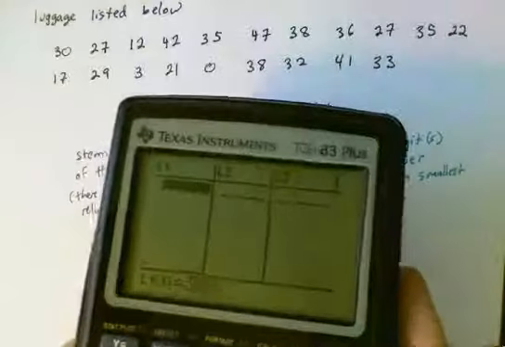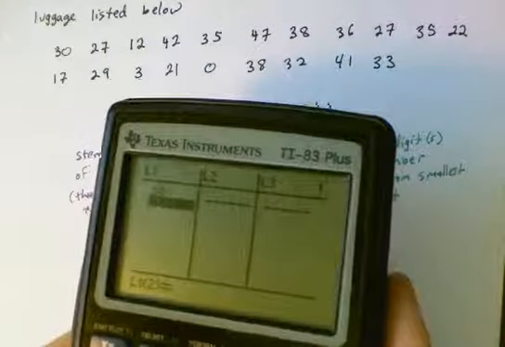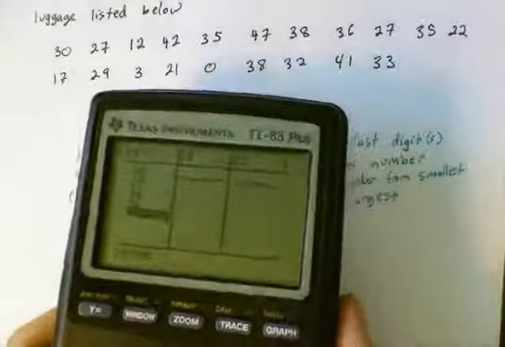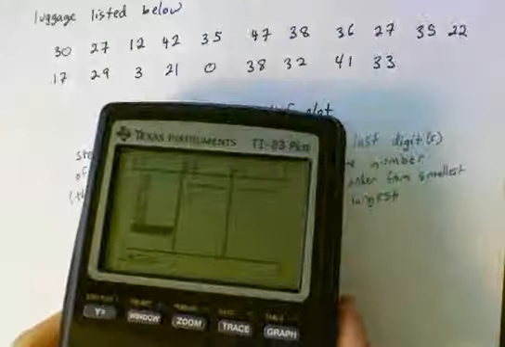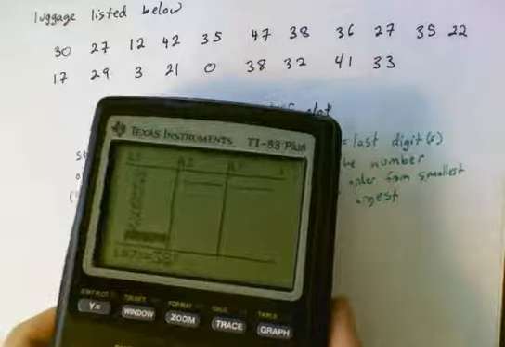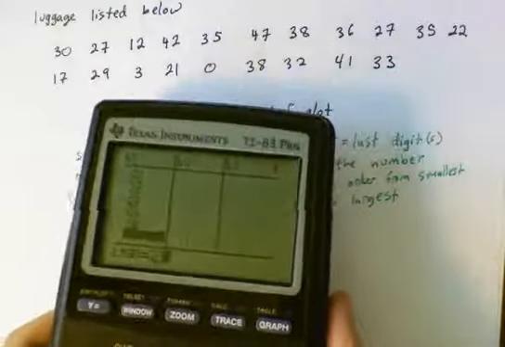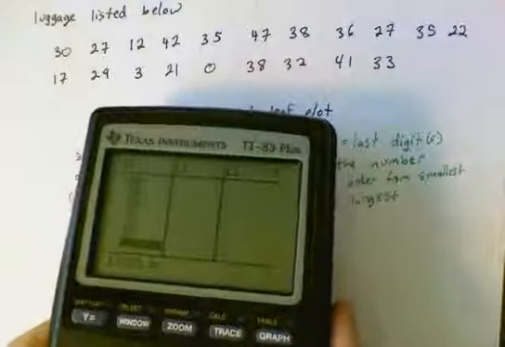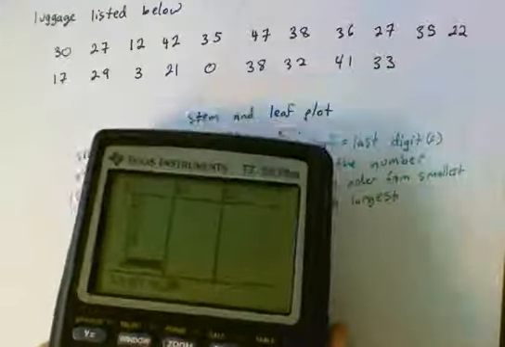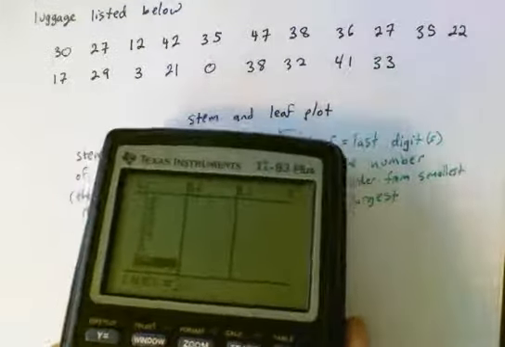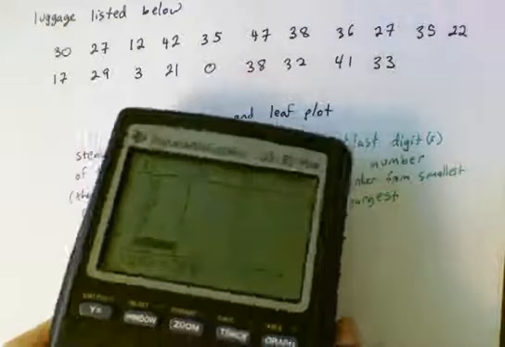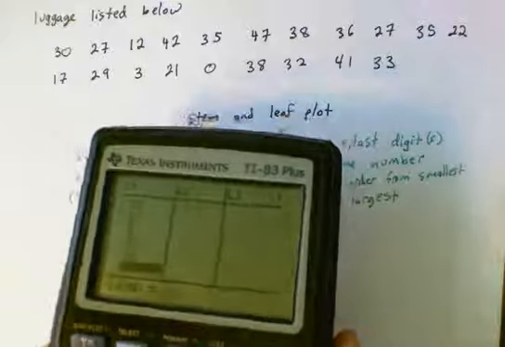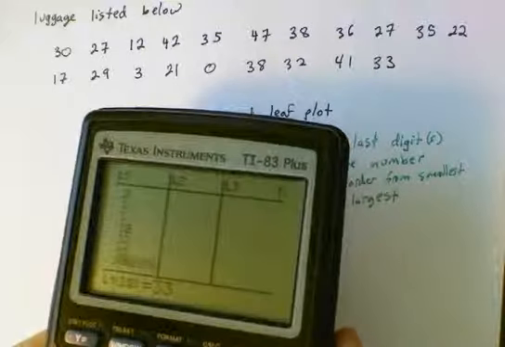So let's type in these numbers. So 30, and then hit Enter, 27, 12, 42, 35, 47, 38, 36, 27, 35, 22, 17, 29, 3, 21, 0, 38. 0 is a number, it does need to go in the list. 32, 41, and 33.